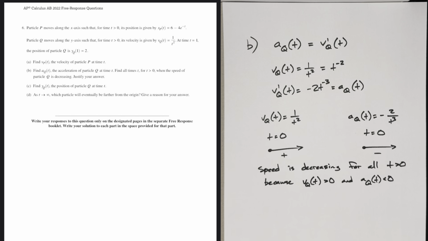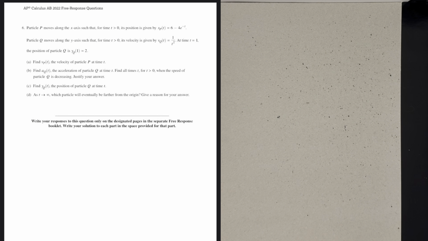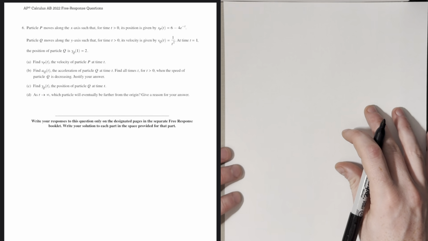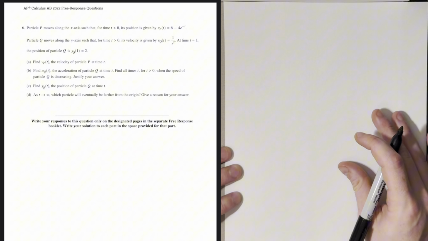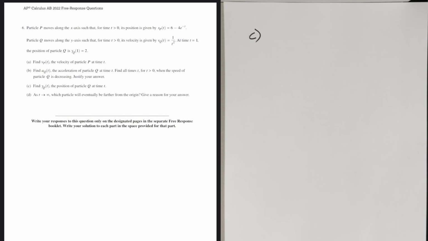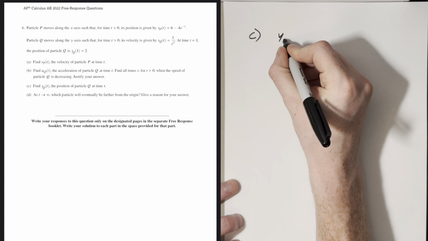So let's move on. Part C. We're asked about position now. I think generally in particle motion, position, displacement, distance questions are normally all way more difficult than velocity and acceleration questions. And I think it's because it involves integrals.